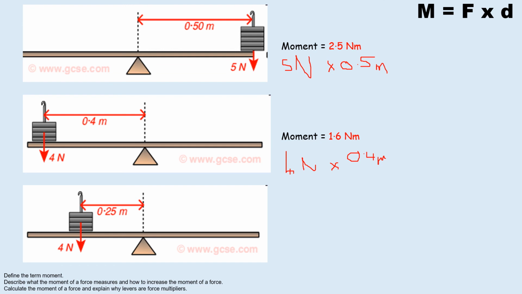And the last one, you would do 4 newtons times 0.25 meters, which would be your 1.0 Newton meters.